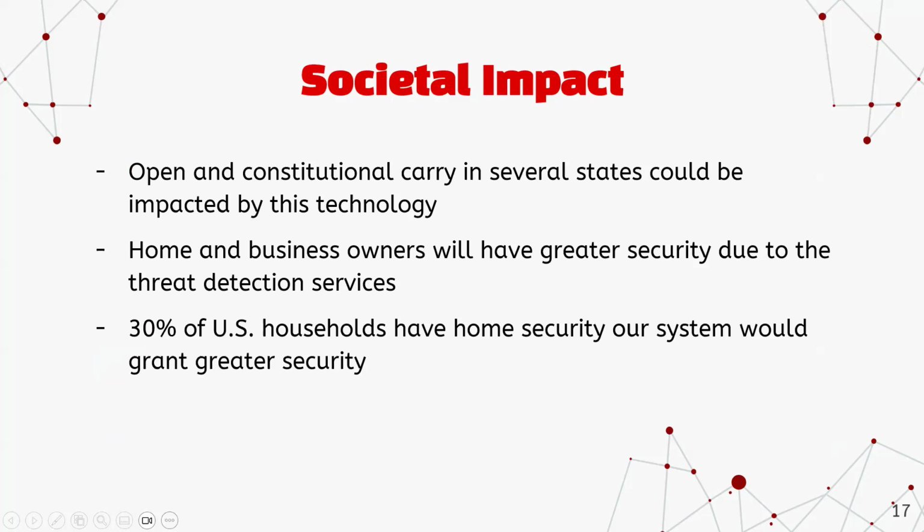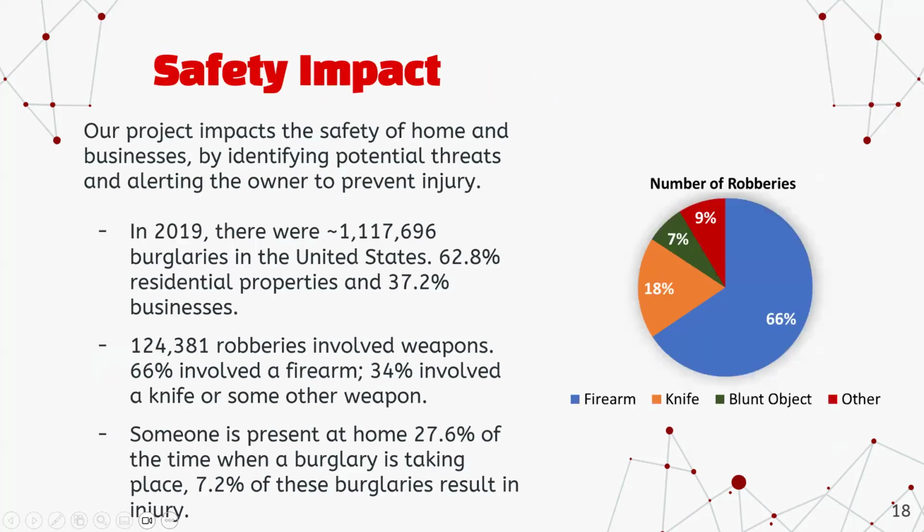Societal impact: this technology, depending on where it's used, may have the ability to impact concealed, open, and constitutional carry states. So that could be, of course, moving people out of the face of danger, so it will have an impact on safety.